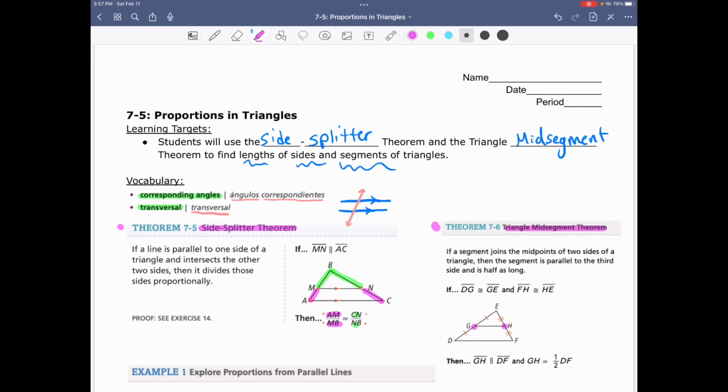So these sides are half as long. So GH is half of DF. And then you can also say that GH is parallel to DF. Okay, so they're parallel.